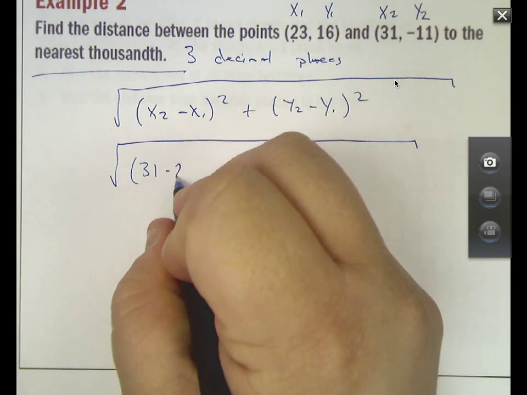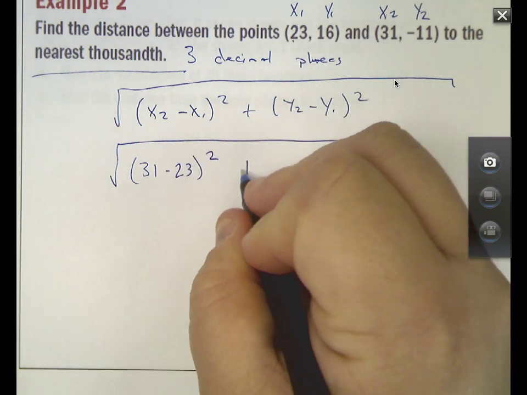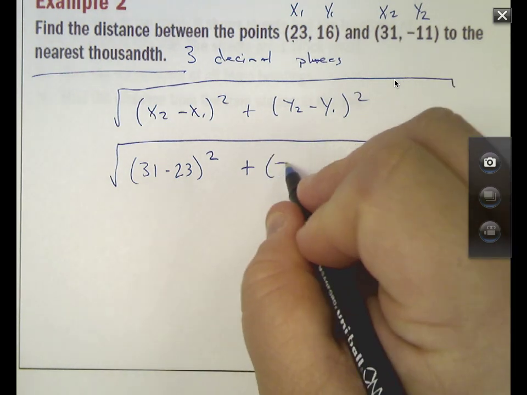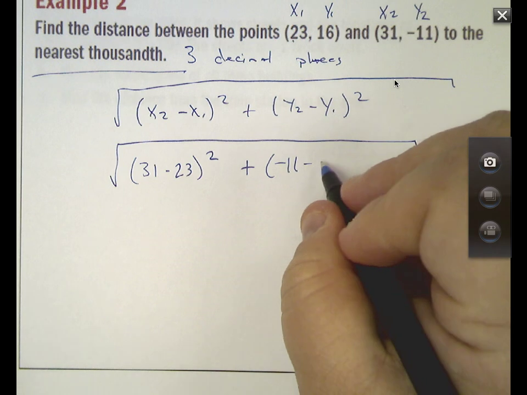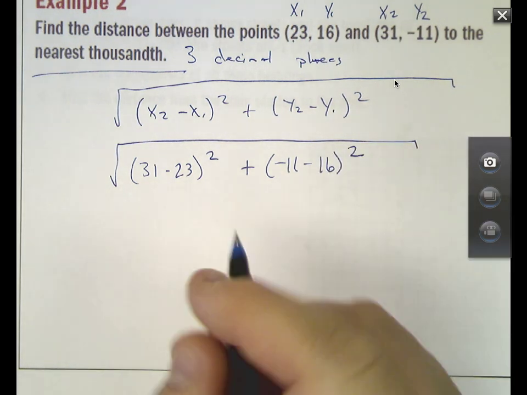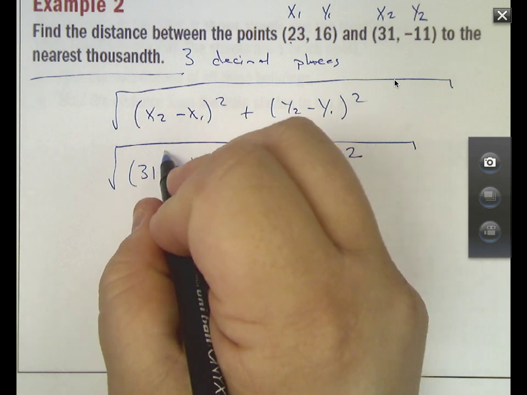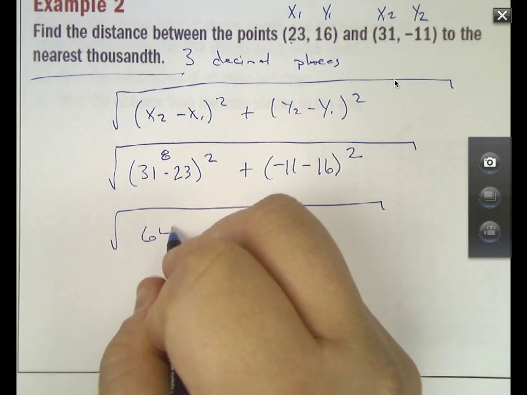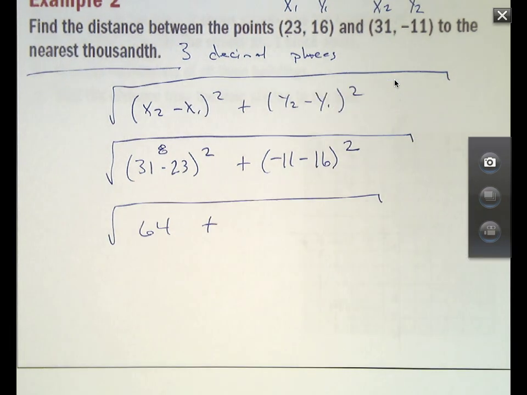So I'm going to plug those numbers in. x2 is 31 minus 23, squared, plus y2, which is negative 11, minus y1, which is 16, squared. 31 minus 23 is 8. 8 squared is 64.